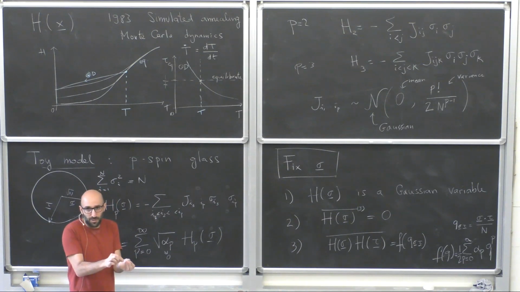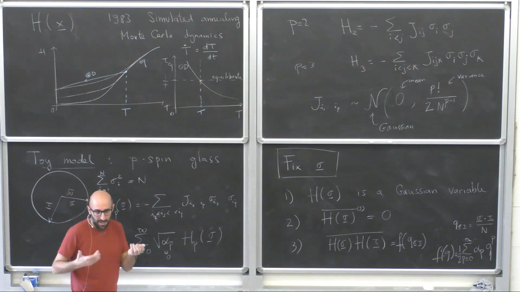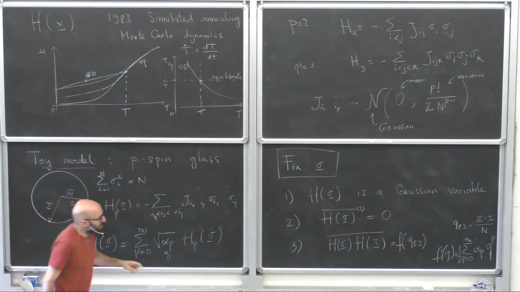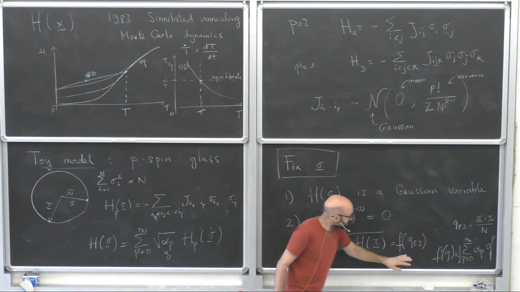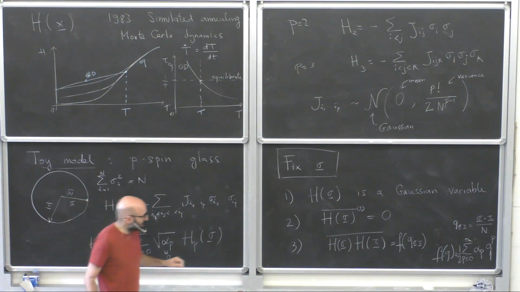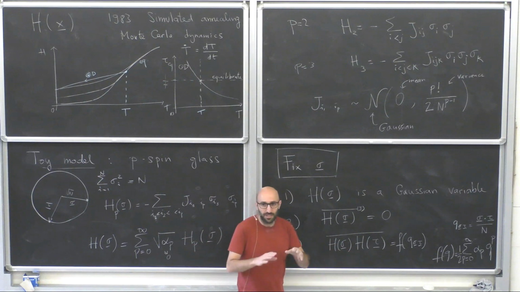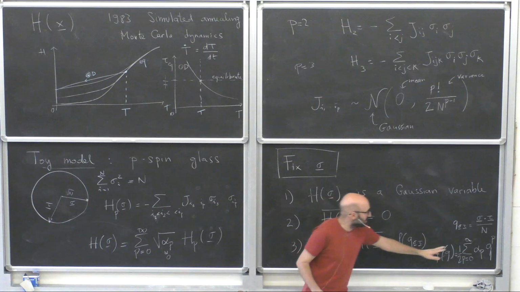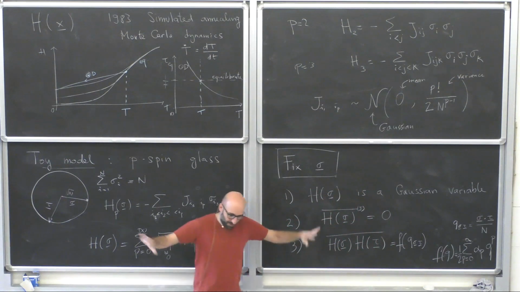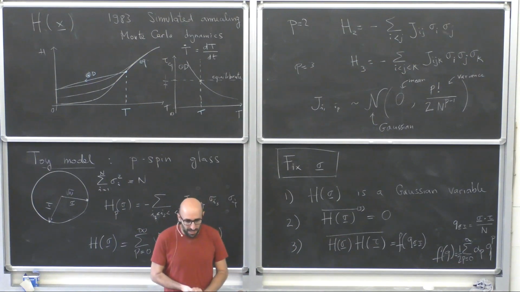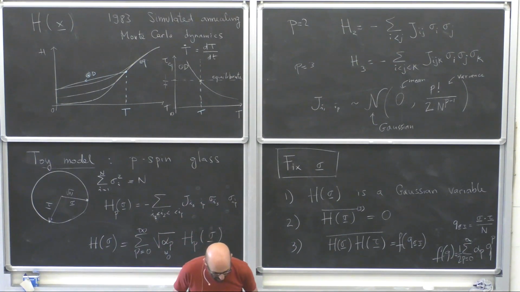If you take a point very close by, it will have a totally different Hamiltonian, which is not what you want to have in a system with local interactions, right? So it's a minimal requirement that the covariance of two Hamiltonians depends only on the distance of two configurations, but it gives you a kind of smooth function.